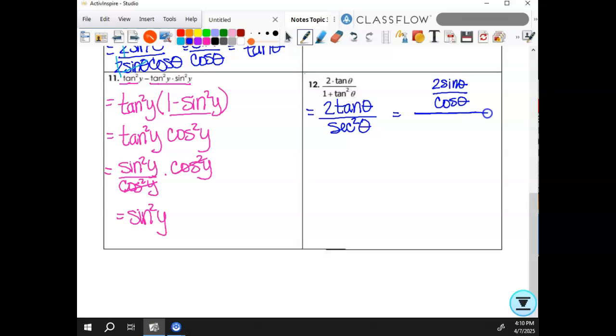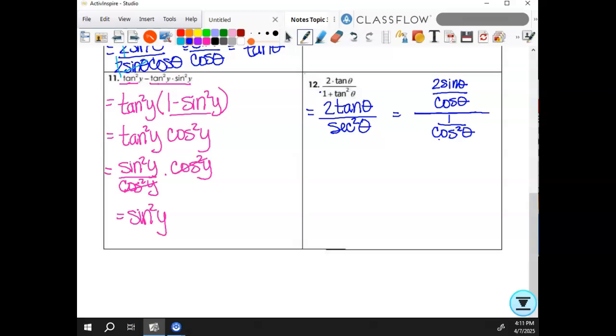And this is my big fraction bar for my big fraction. Secant is 1 over cosine, so this will be 1 over cosine squared theta. Let me tell you what you can't do, all right? I can take the reciprocal of this and get this. I cannot take the reciprocal of the denominator right there because there's addition in there, so can't do that.